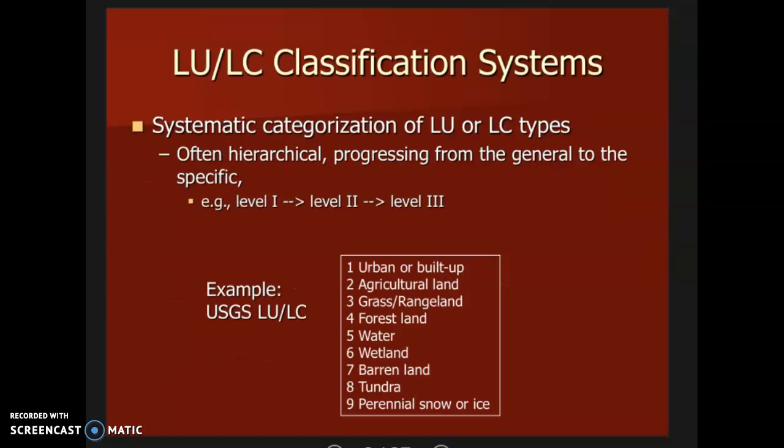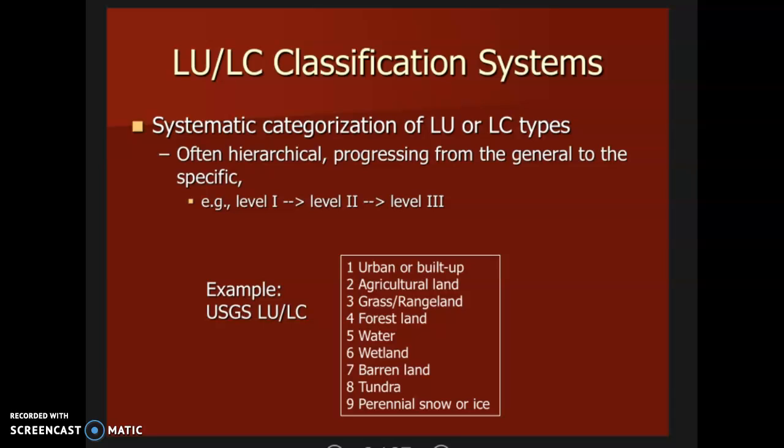So what we do with these land use and land cover data is we use hierarchical categories. Okay, so we systematically categorize land cover based on different general topics.